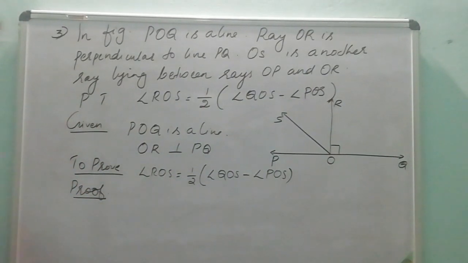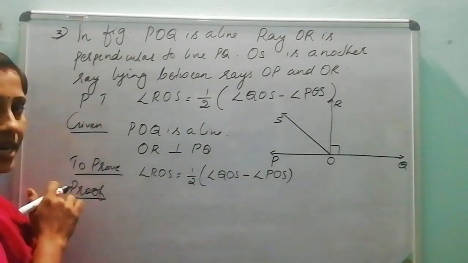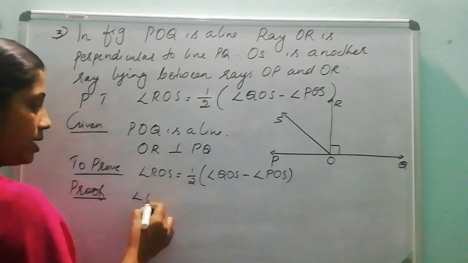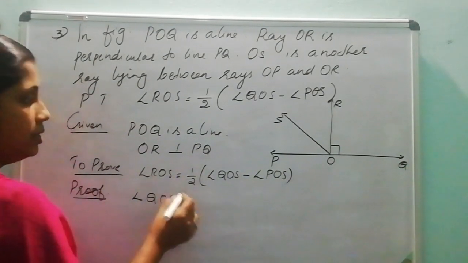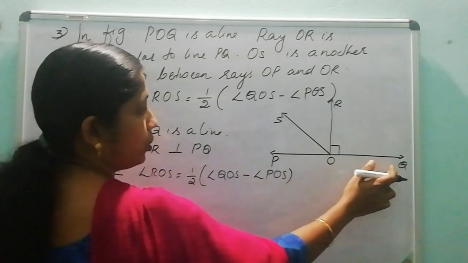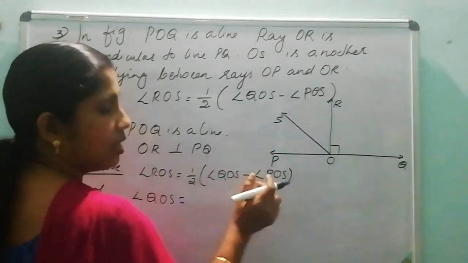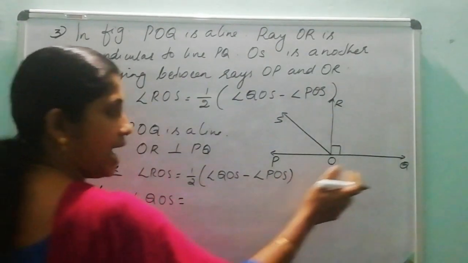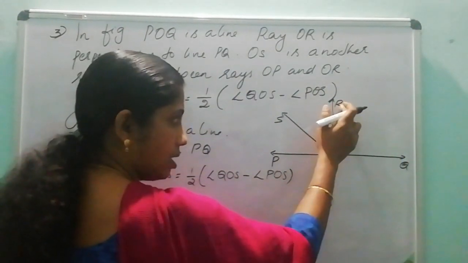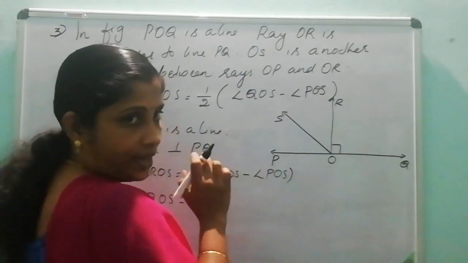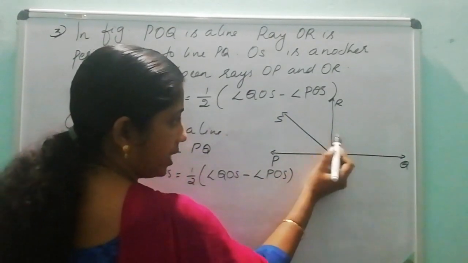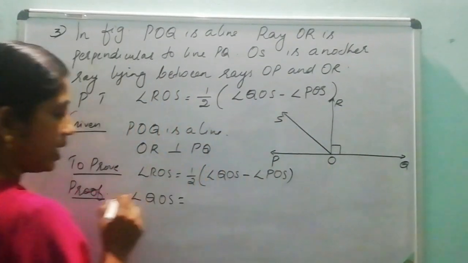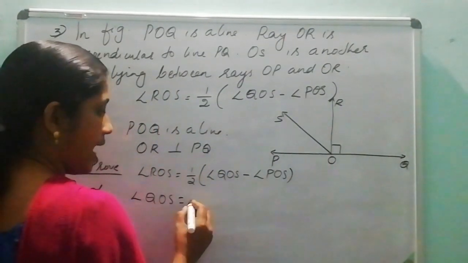Okay. So here we can start from the right side. First you have to find angle QOS. How can we write angle QOS? Angle QOS is angle QOR plus angle ROS, isn't it?